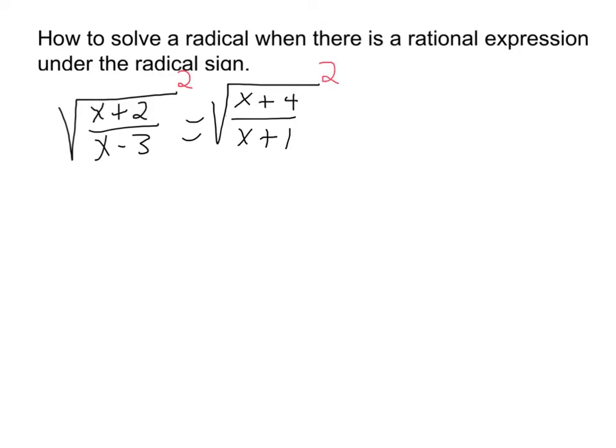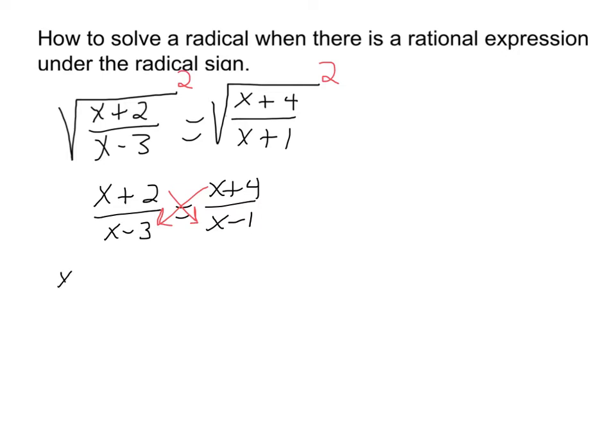That gives us x plus 2 over x minus 3 equal to x plus 4 over x minus 1. Then you want to cross multiply.